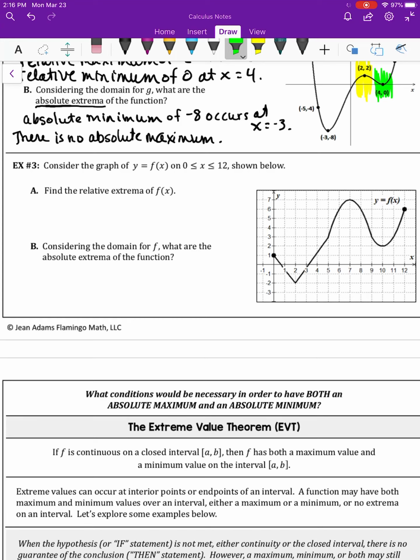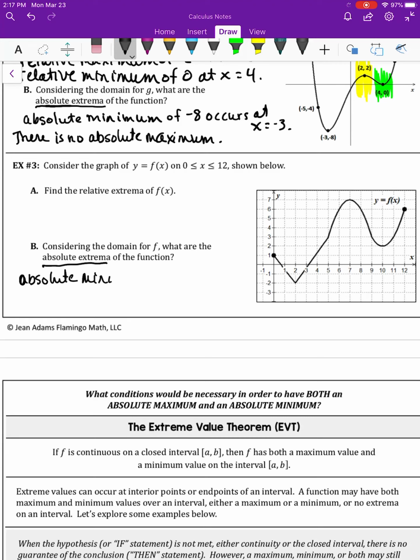Consider the graph of y equals f of x on the closed interval from 0 to 12, shown below. Part A, find the relative extrema of f of x. To me, absolute is easier to find first, but that's just me. I can see that -2 is my absolute minimum.